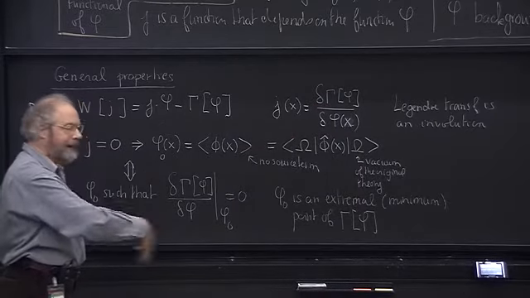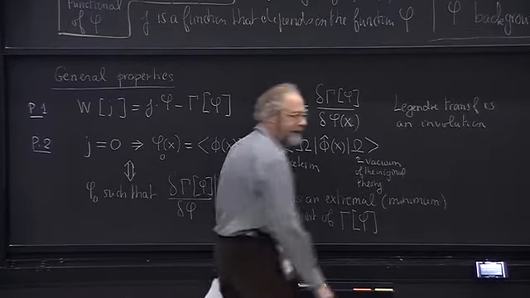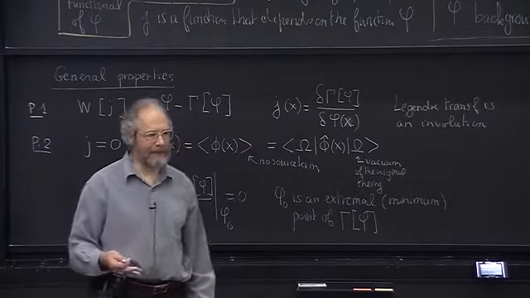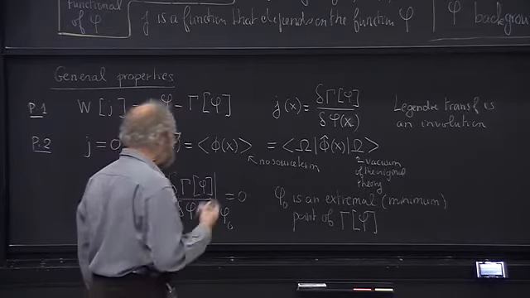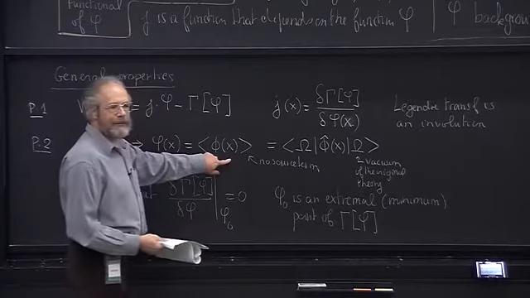So if you have gamma of phi, you look for the value of the background field where it gets its minimal value, its ground state, if you want. The classical ground state of gamma of phi corresponds to the expectation value of the quantum field.